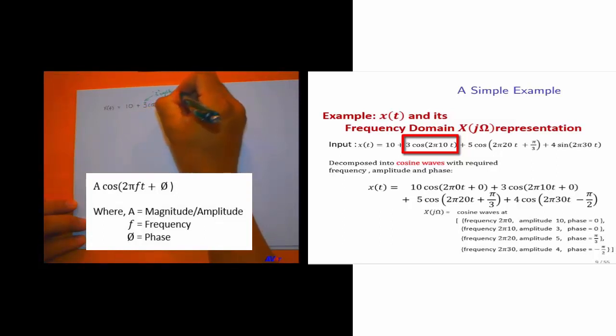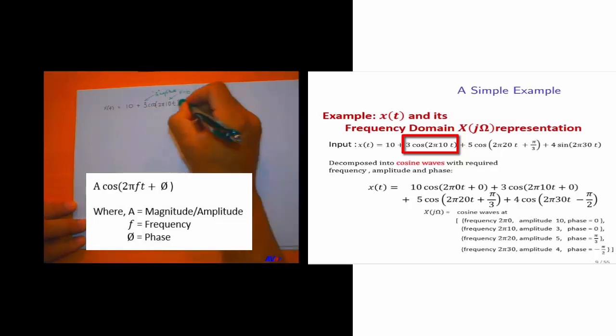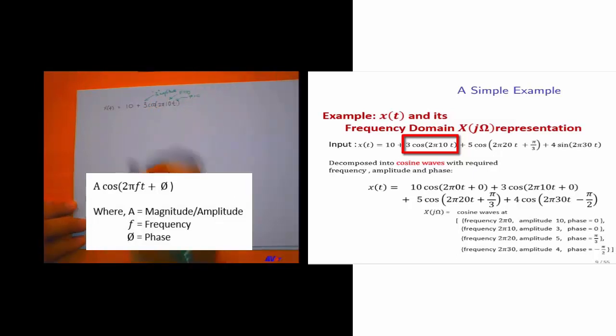Sometimes we prefer to call it a magnitude, and the phase is equal to 0. So in this example, you now have 2 components making up the original signal: a DC term, which is a constant term, and a cosine wave.